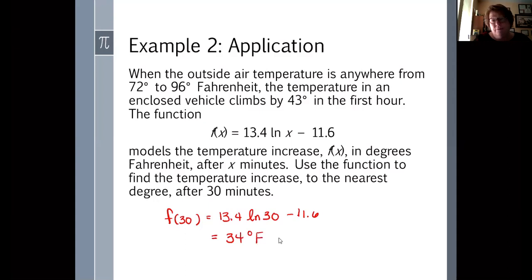That's too warm for any living thing. And it's even worse if it's 96 degrees, then the temperature inside your car is 130 degrees. So this is a good reminder that you should not leave anything that you care about in your car when the temperature is warm. All right, that concludes section 11.2 on the logarithmic function.